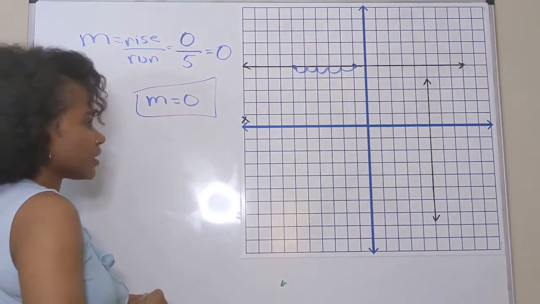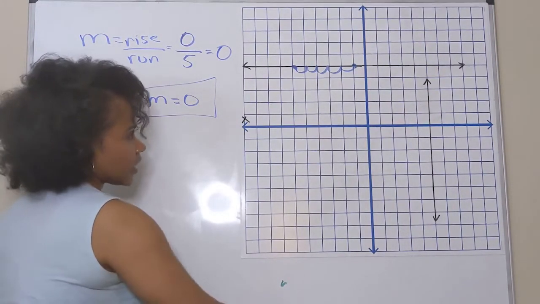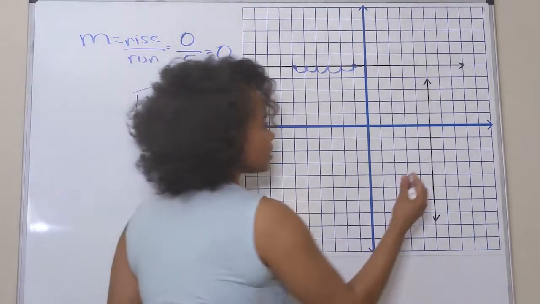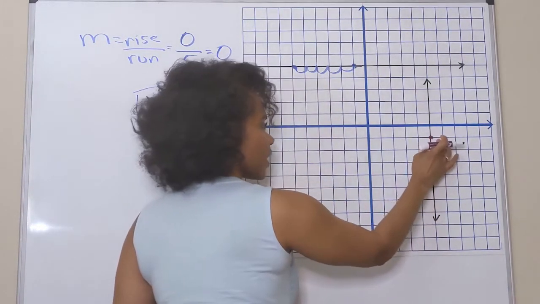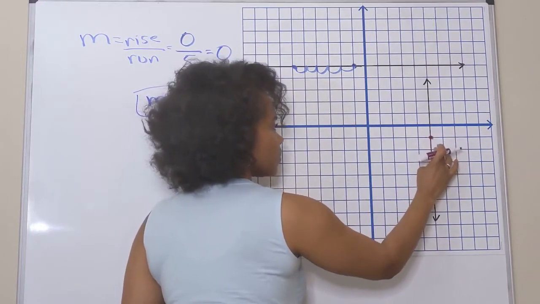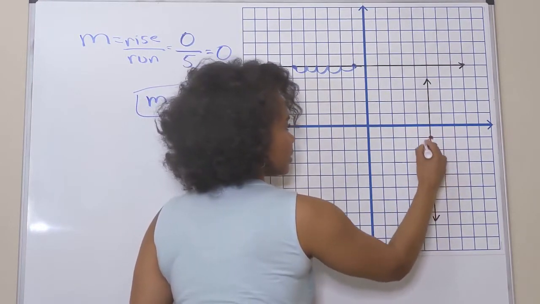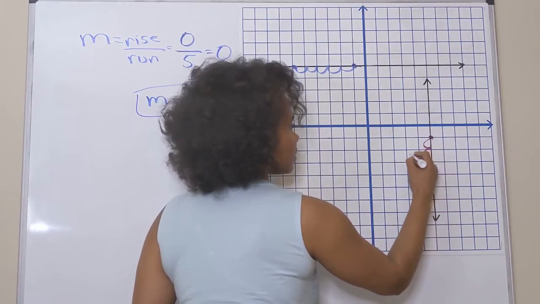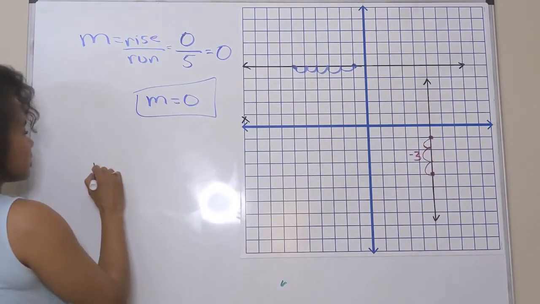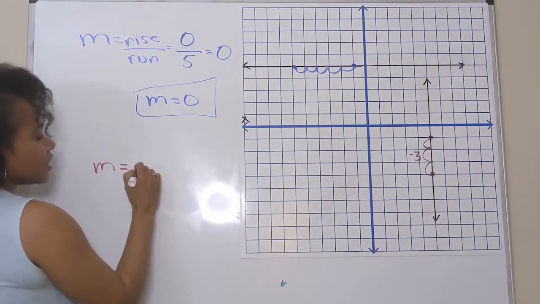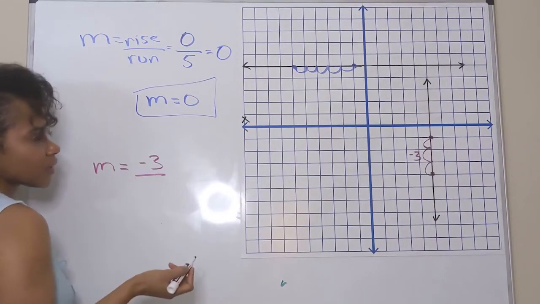Let's look at this vertical line here. Again, picking any 2 points. Picking these 2. Now, I'm going to go down 1, 2, 3. So, you could say that my rise is -3. Okay.